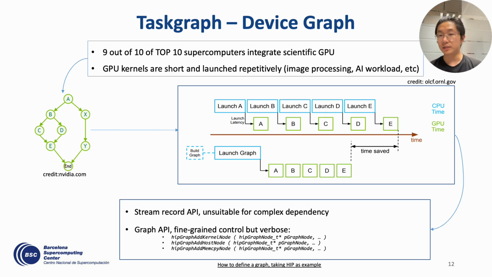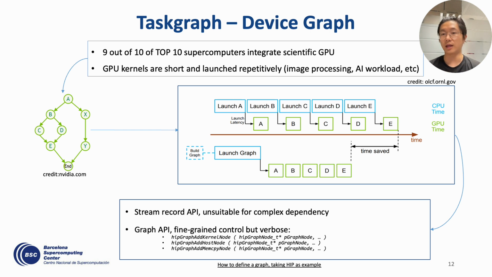Now that we have seen that with the Taskgraph framework we managed to gain performance, at least for host tasks, what about device tasks? First, a very quick motivation for this work: nowadays, more and more supercomputers are integrating GPUs as alternative computing resources.